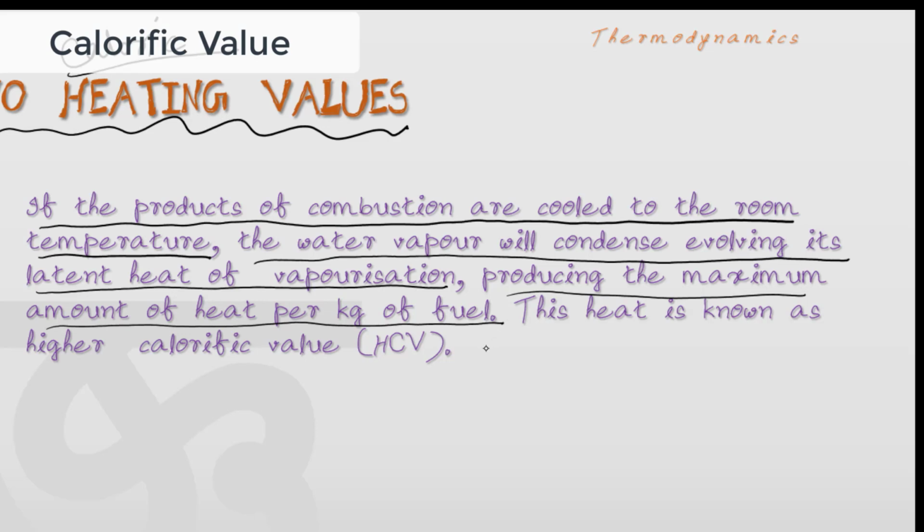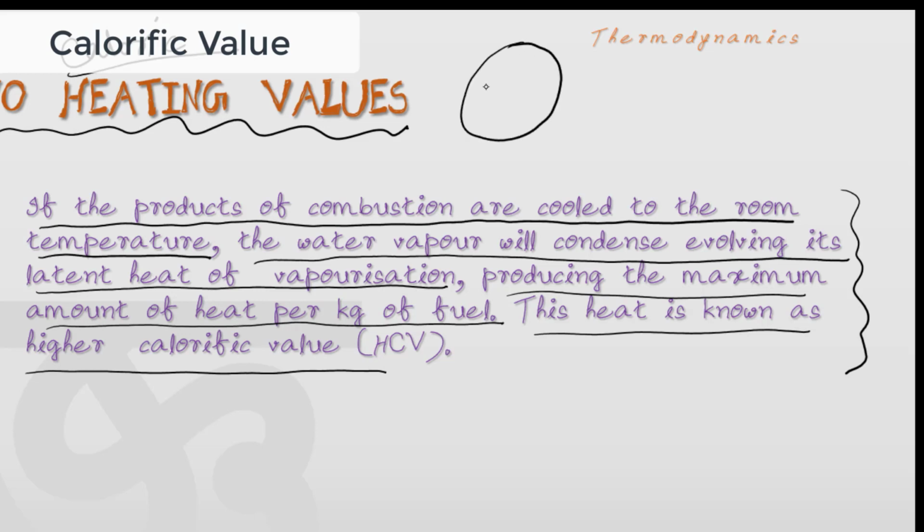And this type of calorific value is called higher calorific value. That means this gives us higher heating values of the fuel. How is it done? This is like, say, you have some income, but along with the income, you have some expenditure.